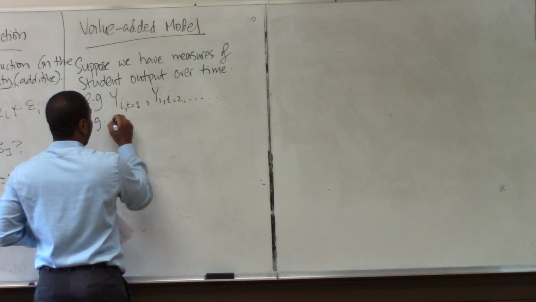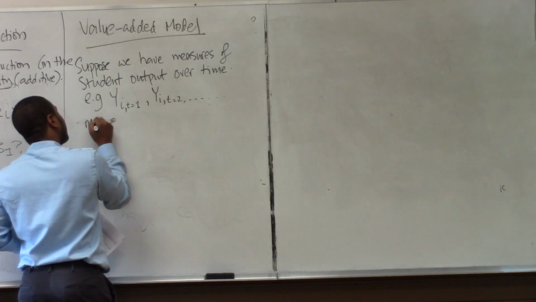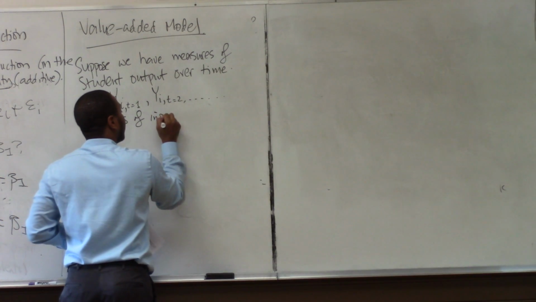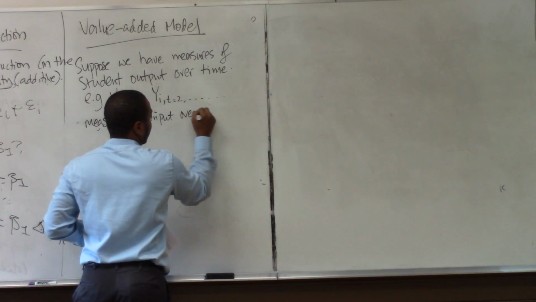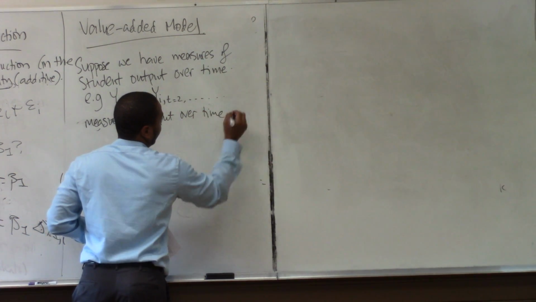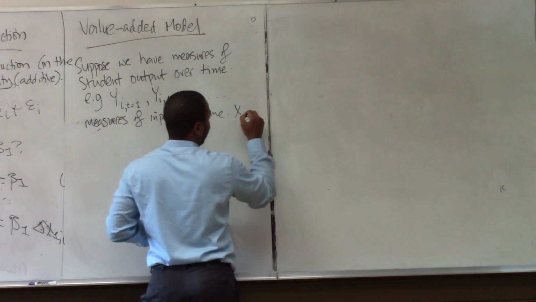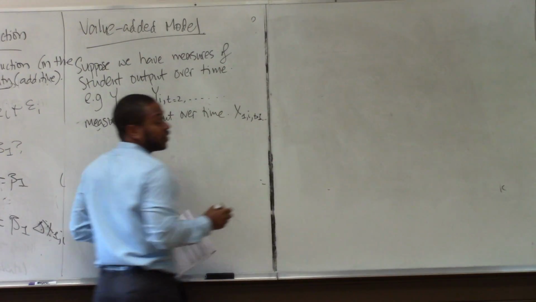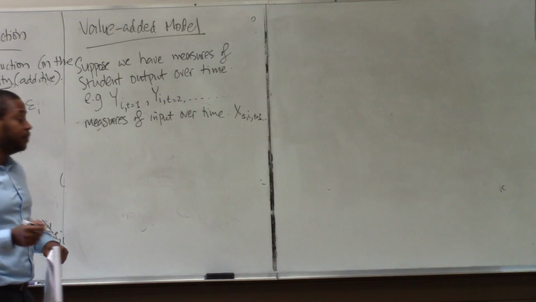And we also have measures of input over time. We have x1 of person i at t equals 1, and so on and so forth. Right?